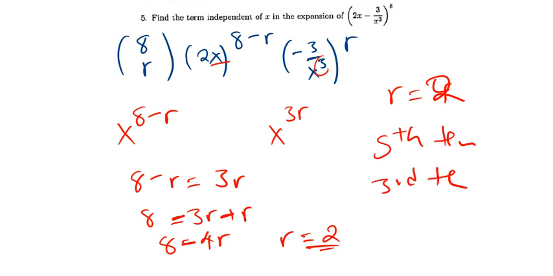Okay, so this is basically very simple and straightforward, right? Just understand that when they say the term independent of x, it implies a term that doesn't have the x variable in the expansion. And of course that occurs when you've got a variable on top and on bottom, and so at the point where their powers are equal, they will divide.